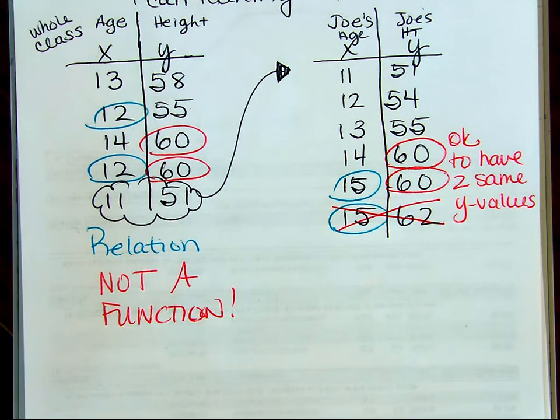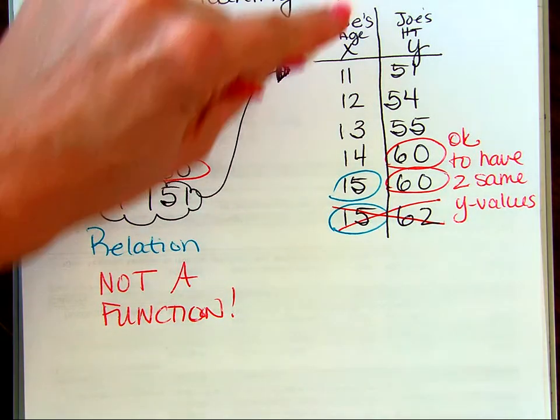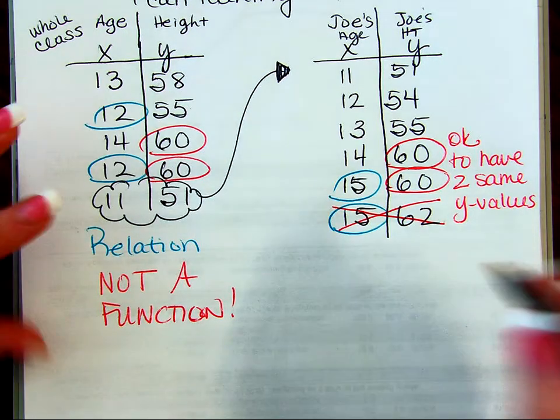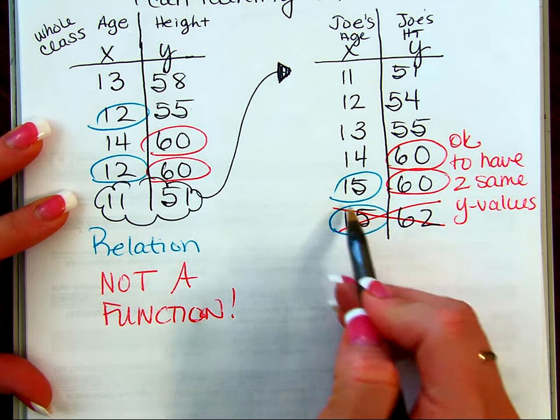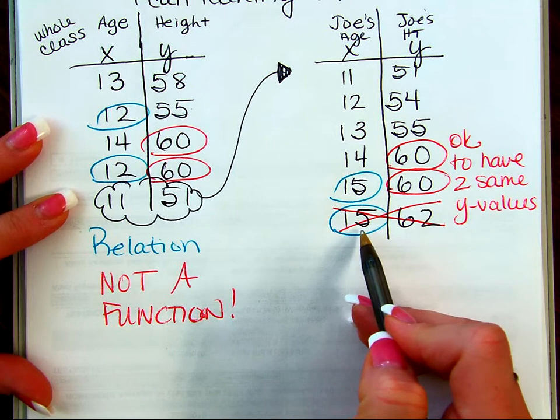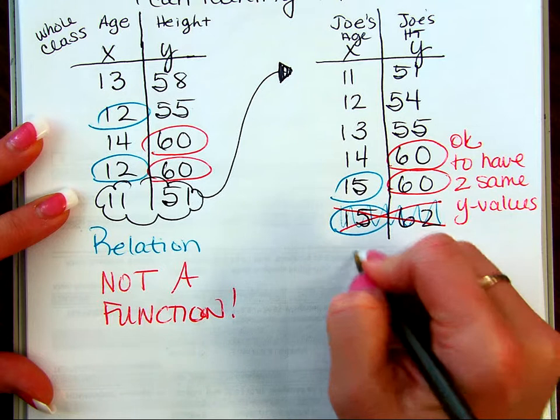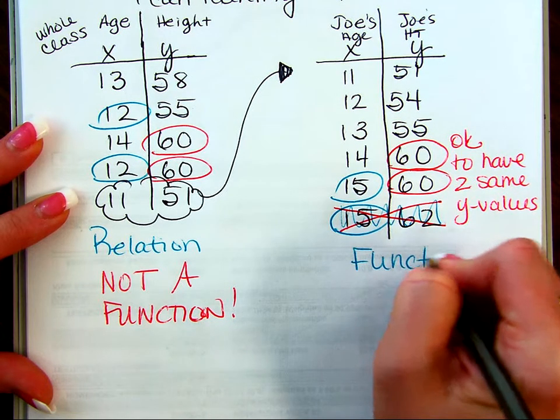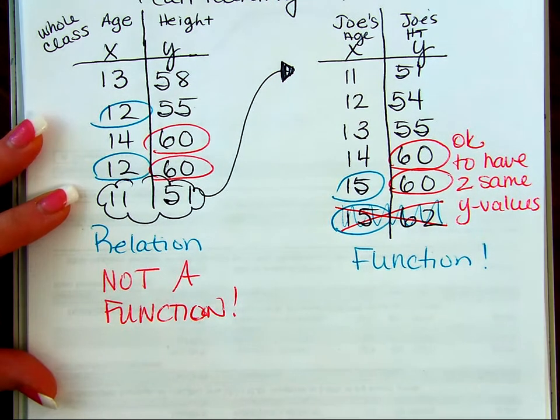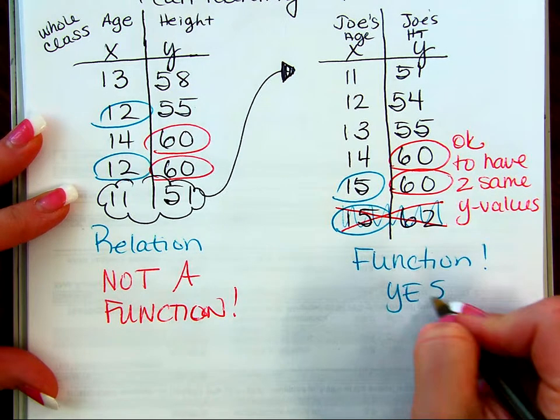It's not okay to have 2 of the same x values, meaning no x's can repeat. So I crossed this point off. And because I'm not including this point anymore, I am able to call this relation a function. So this is a yes. This one's a no.